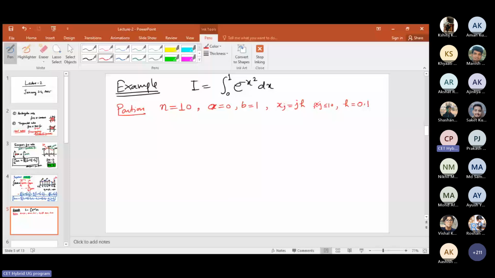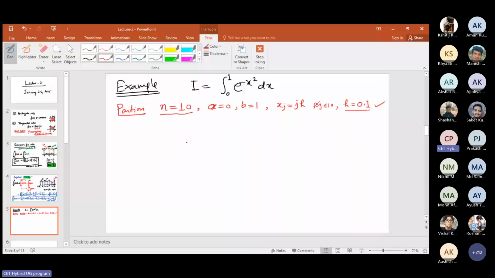Can you understand all this calculation? n is 10, a is 0 given, b is 1 given, so the formula for xj is a plus jh, where j is from 0 to 10, and the formula for h is b minus a by n. From there this came out. All these values are now known to me.